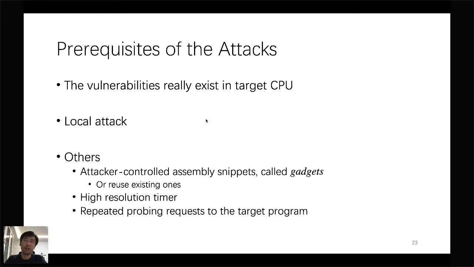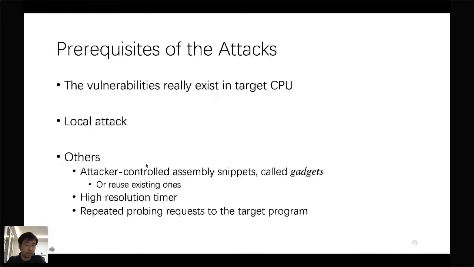So actually, as far as I know, we haven't observed any attack case which is totally deployed remotely. This is very hard. You need to have a local process just near your victim, and this is the second prerequisite.